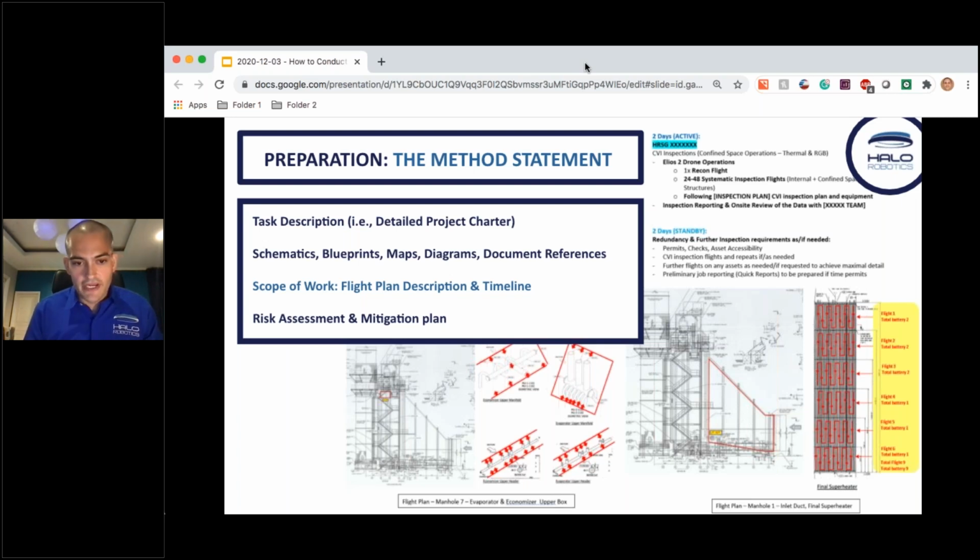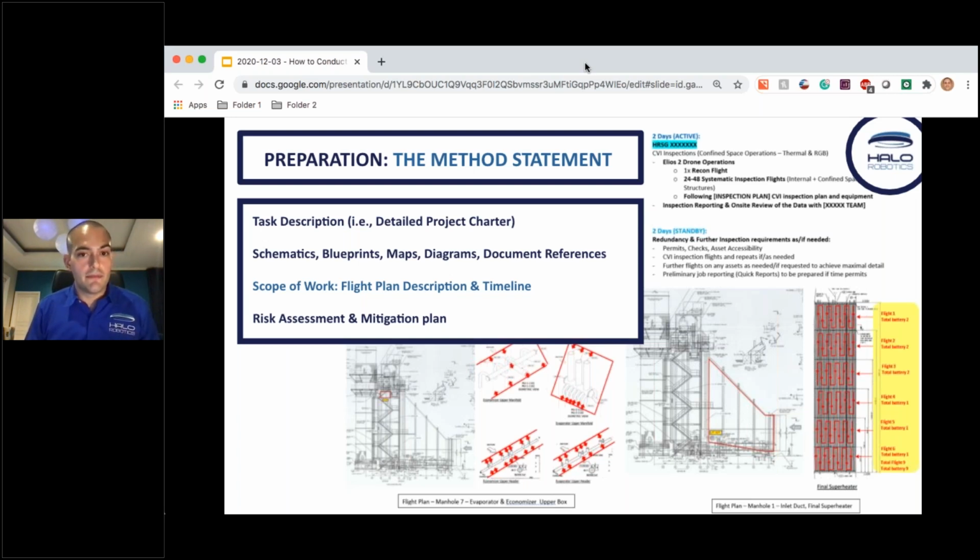So here again, you can see on the bottom right, there's the HRSG unit that we talked about. There's one manhole entry for this compartment. On the bottom right here, that's a superheater, basically a large panel tube structure, where every single flight in that asset has been planned, every single battery.